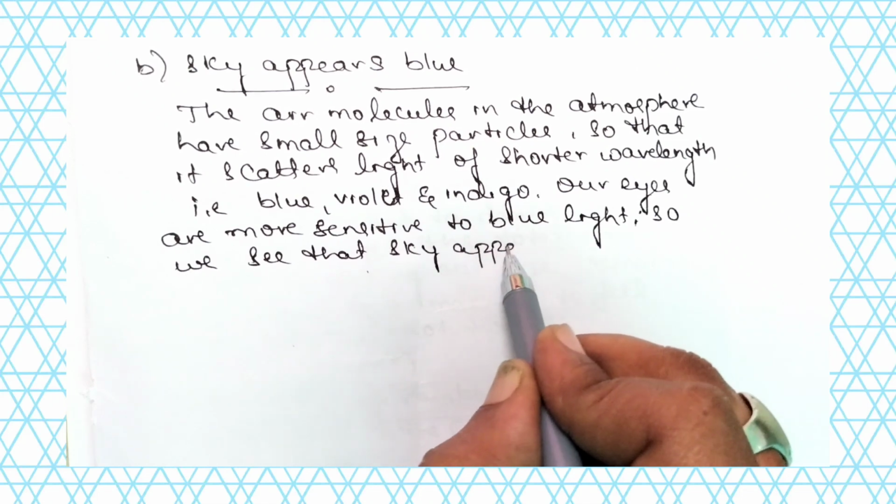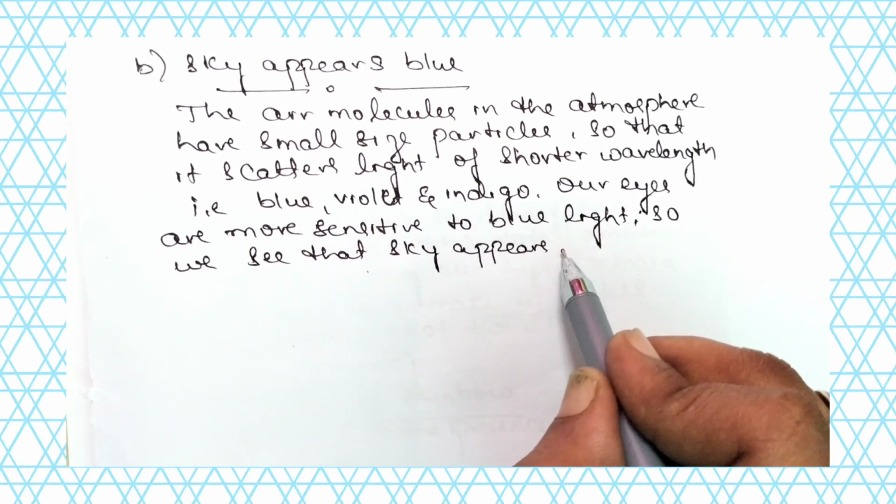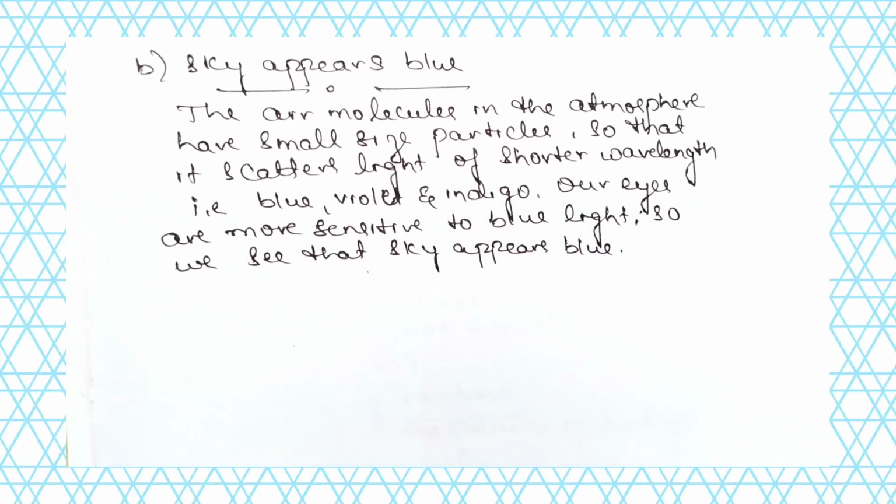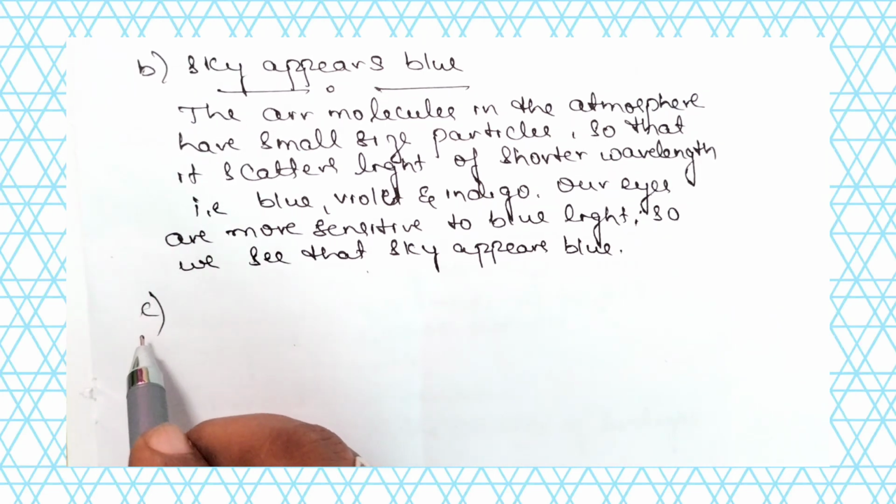Our eye is more sensitive to blue color. Therefore the blue color will reach our eye, and our eye sees that the sky appears blue. So this is the answer why the sky appears blue.